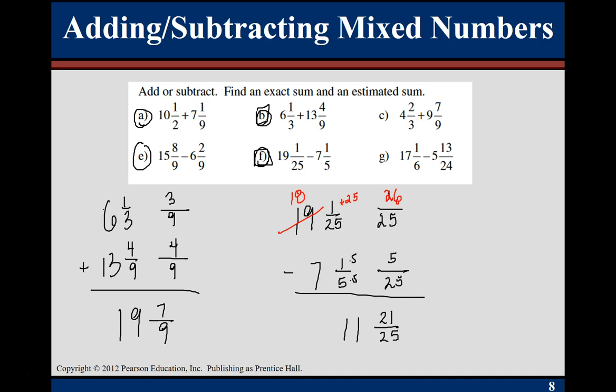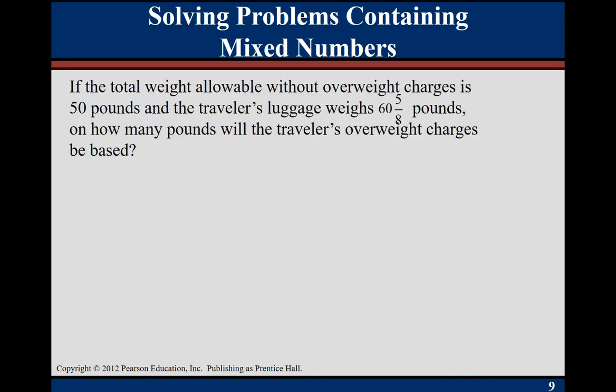Let's look at a word problem. The total weight allowable without overcharges is 50 pounds, but the traveler's luggage is 60 and 5/8 pounds. So how much over is our traveler? Well, it's 60 and 5/8, but he's only allowed to have 50. It doesn't have a fractional piece, so I'll just say 0 out of 8.